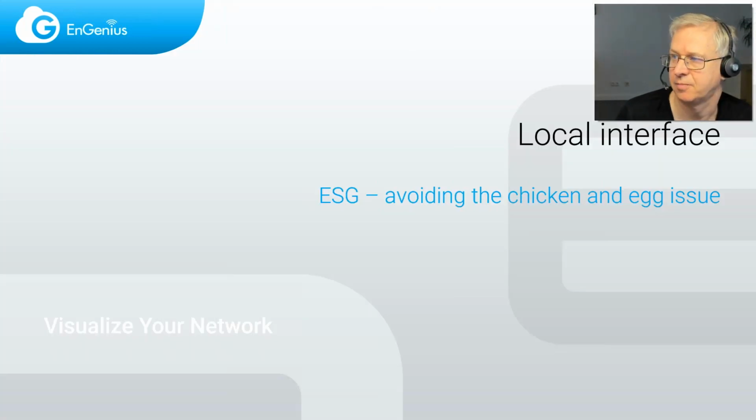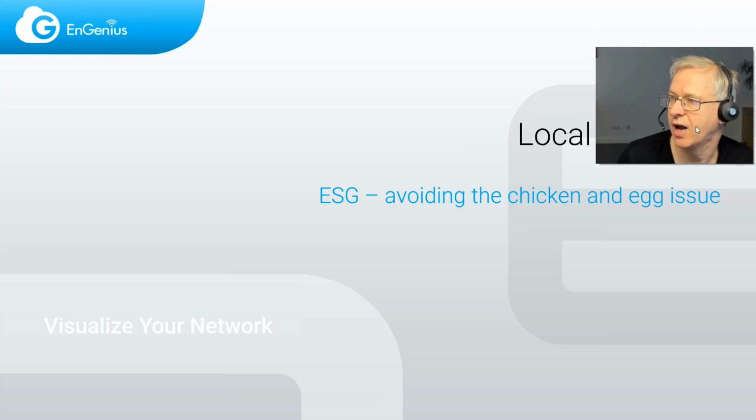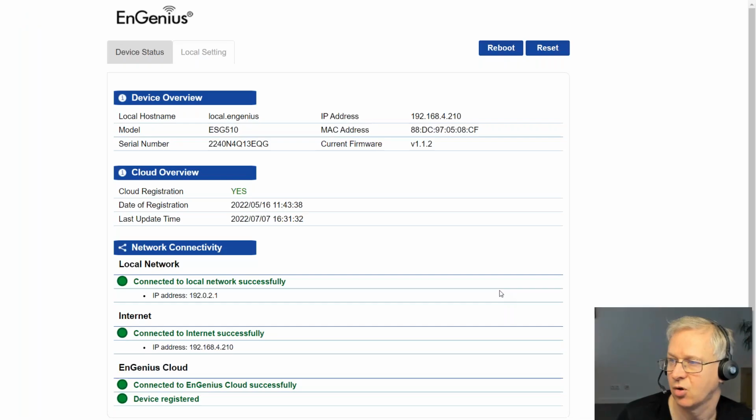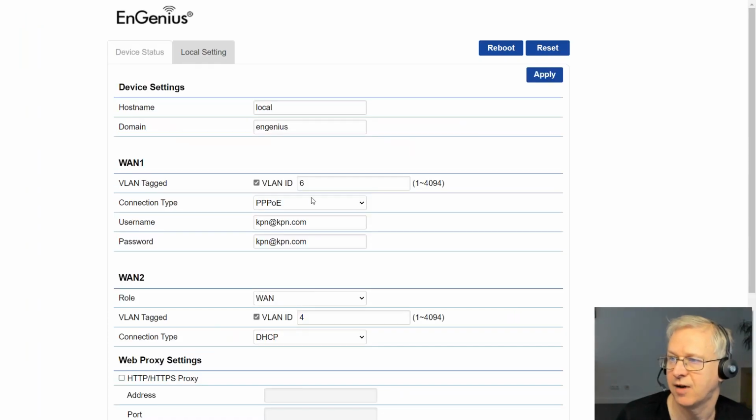We do have a local interface on our device because of chicken and egg problems. By default, the device will have both interfaces set to DHCP and no VLAN tag.